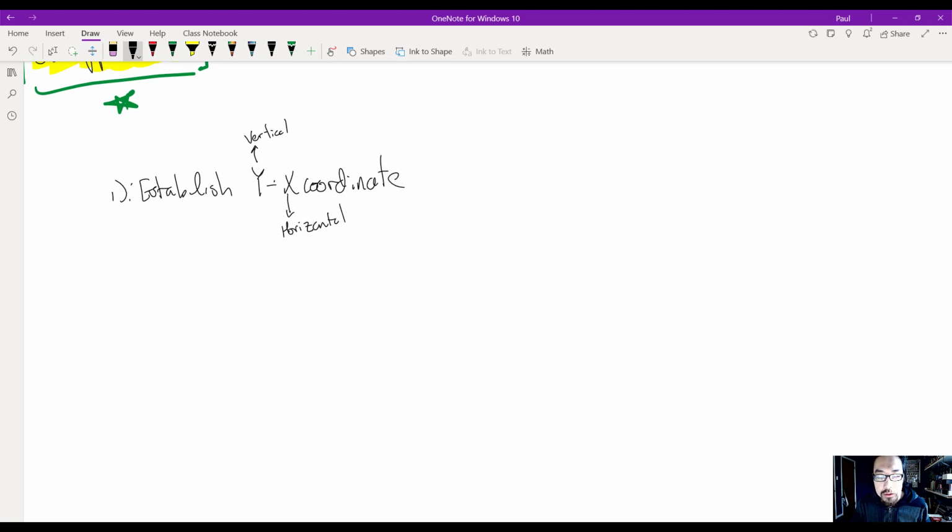And let's do a quick little example here. So if we had an object on a flat surface, I can easily say that this vertical axis here is my y-axis or my vertical axis, okay? And this axis here is my horizontal axis or my x-axis.